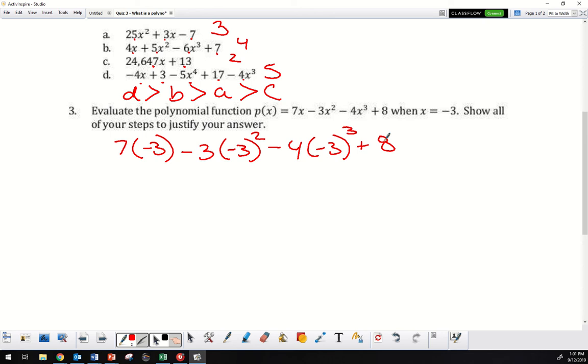You are able to do all the steps to get all the points, but you could also use your calculator to check your work. That's going to be helpful.